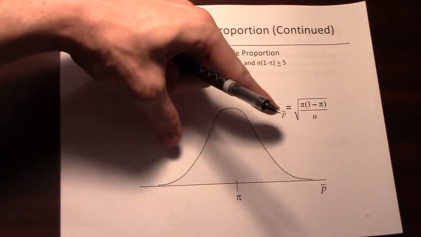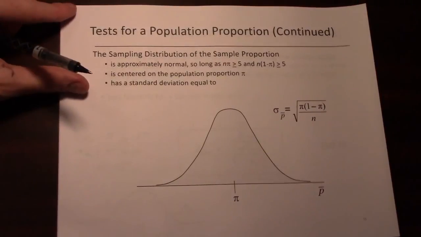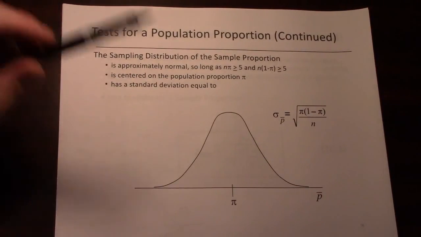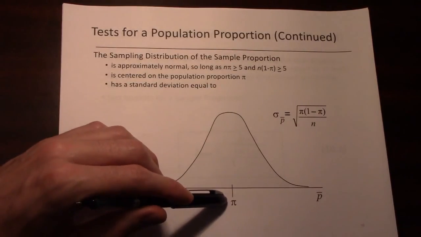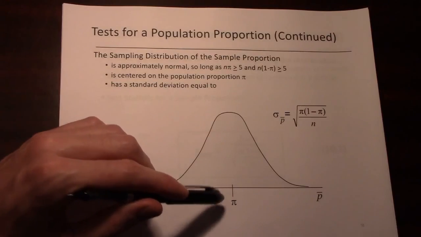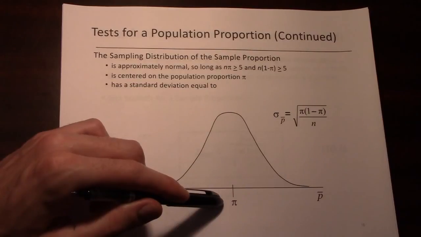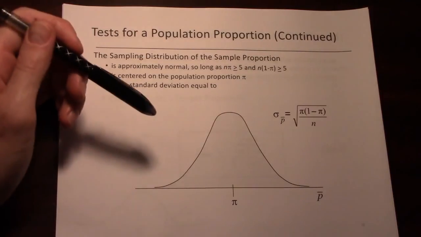If it's more extreme, it's going to have a tighter standard deviation. So what we'll do in hypothesis testing is we will assume that your statement about 44% of people supporting Donald Trump is true. Then we'll go out, we'll get some sample data, and we'll see if our sample data provides overwhelming evidence to the contrary.